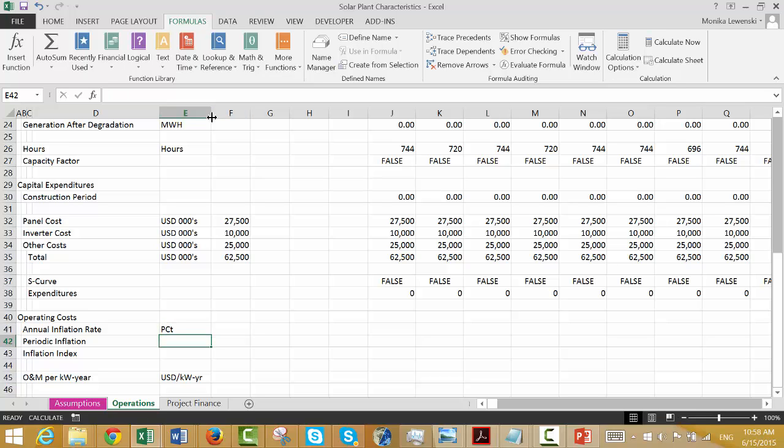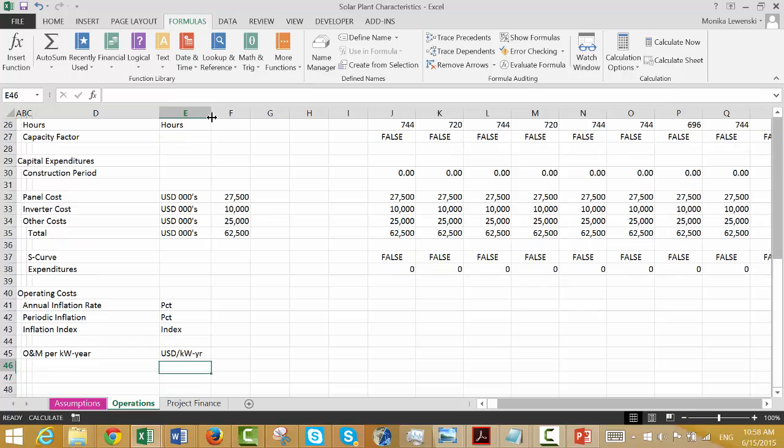And then we can have our total O&M cost, which is just the USD thousands. Okay, something's happened that switched it off.